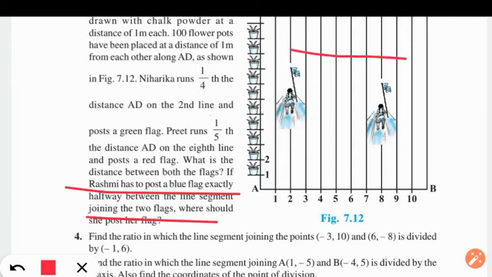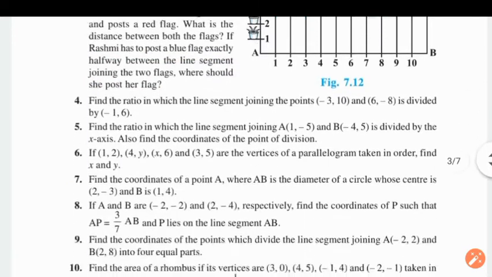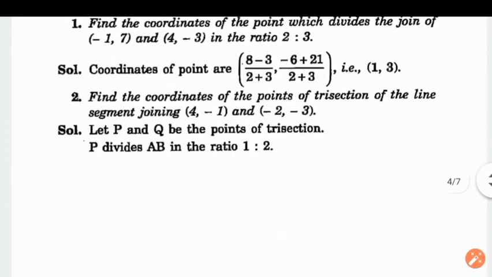So the two flags will be posted at this point on line 2 and at this point on line 8. Midway between them, where will she plot the flag? That means you need to find the midpoint with the help of the midpoint formula. Now let's solve this question.